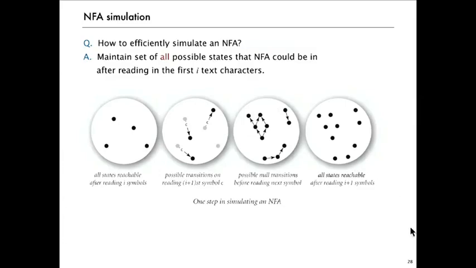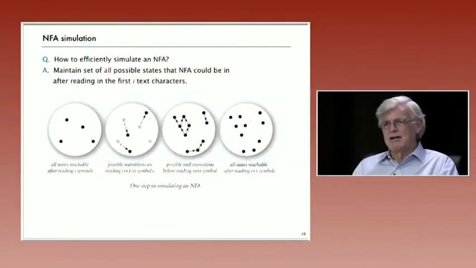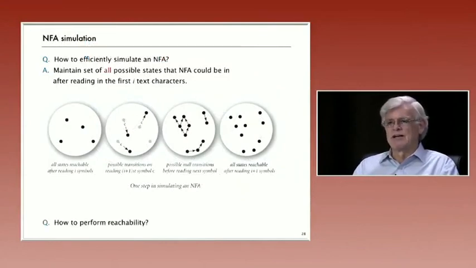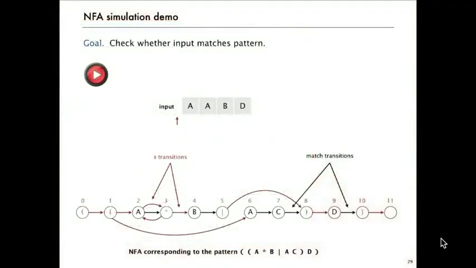So that's the basic idea: simply keep track of all possible states the NFA could be in after reading the first i text characters. The only thing that's complicated is how do we get all the states that we could reach by epsilon transitions. And we'll look at that in just a second. It's actually very straightforward. But let's look at a demo first.